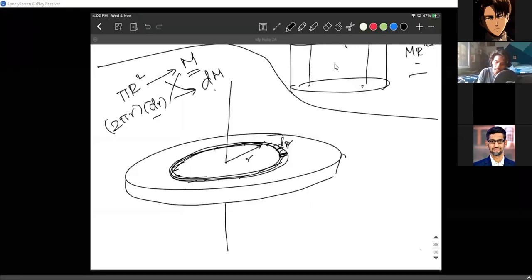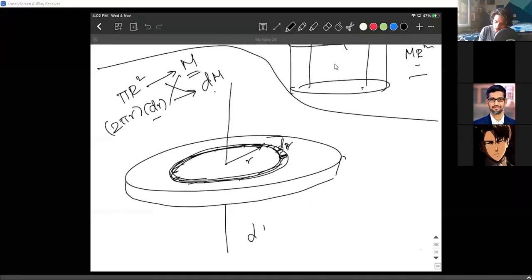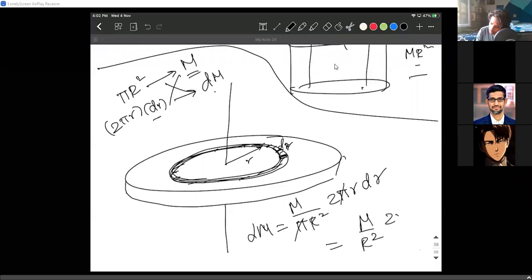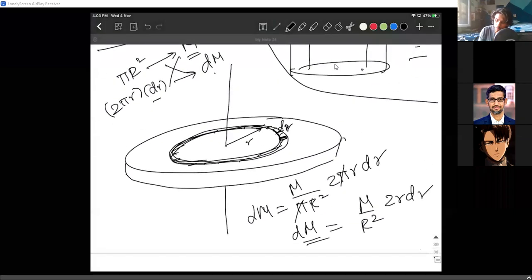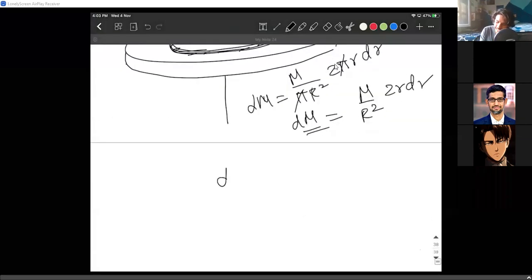So you cross multiply it, you get the mass dm equals m by pi r square into 2 pi r dr. Pi cancels out. You get m by r square into 2r dr. This is dm. Now that you have the mass, you want to write the moment of inertia of only the ring, which is dI.